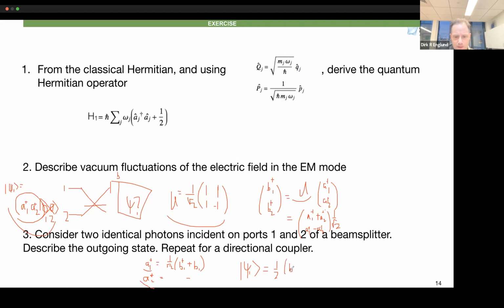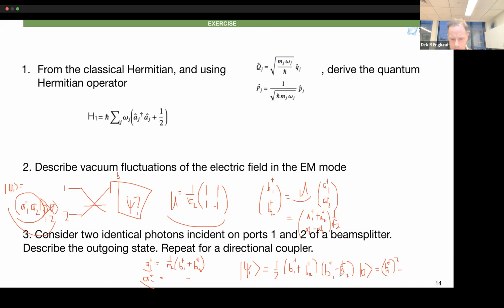Okay, B1 dagger plus B2 dagger, sorry, it should have been B2 dagger, times B1 dagger minus B2 dagger, times the vacuum. Is B1 dagger squared.